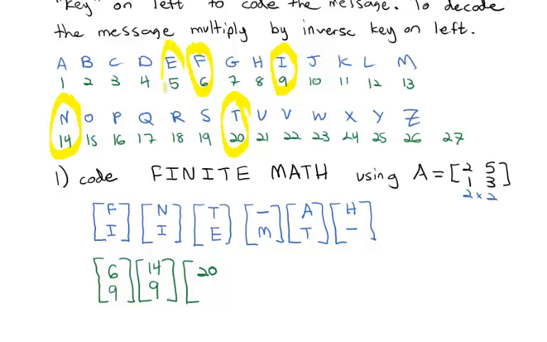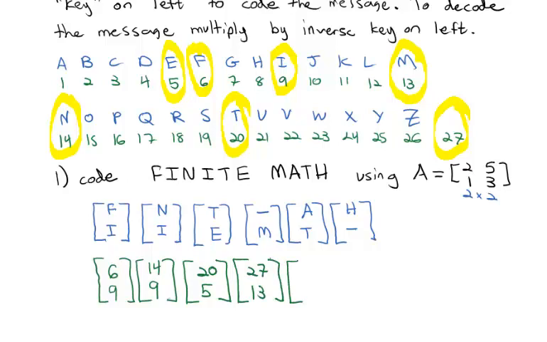E is the number 5. Then we need a space. We said space would be 27. M is 13. A is the number 1. T, again, is the number 20. H is the number 8. And again, space is 27.